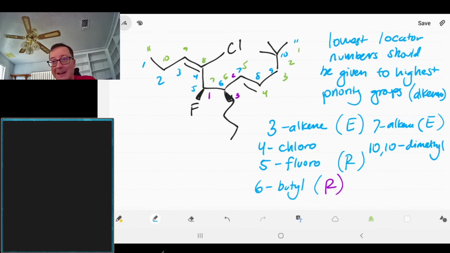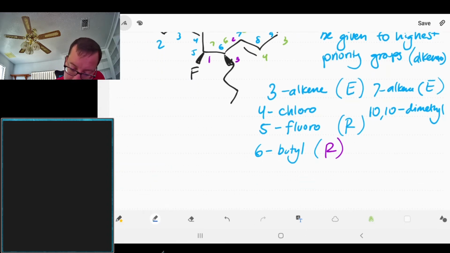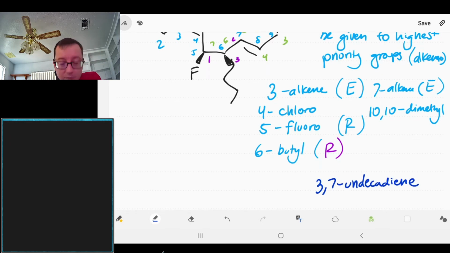So, this will be an undecadiene. That's our parent name. Undecadiene, 11 carbons, 2 alkenes. If we had 3 alkenes, undecatriene, undecatetraene, however many we have. So that's taking care of these things.